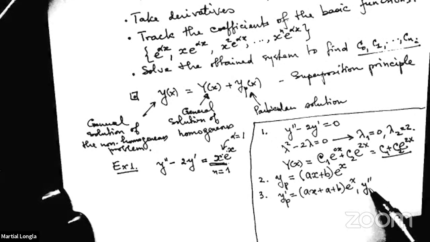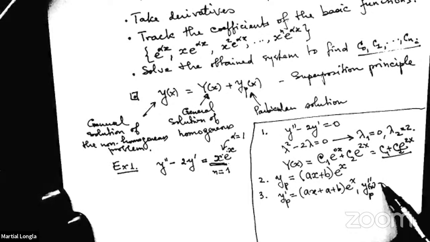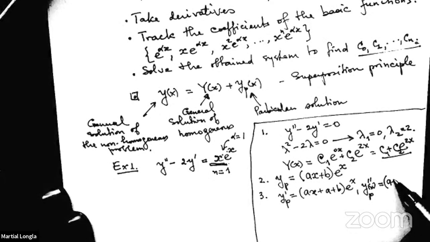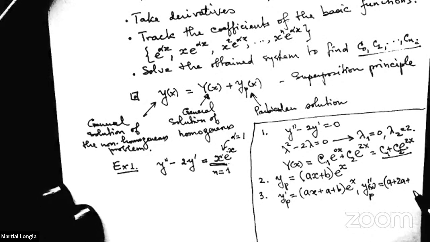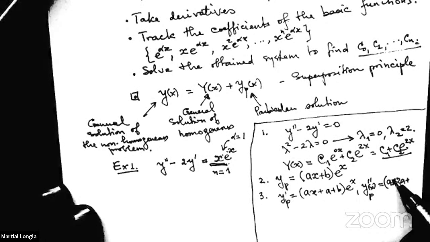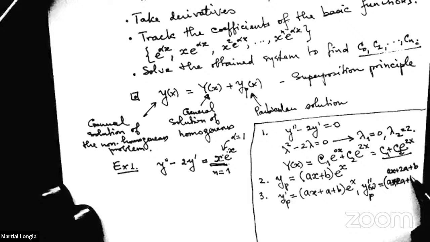And if I take the second derivative, it's going to be ax plus 2a plus b, and then e to the x.